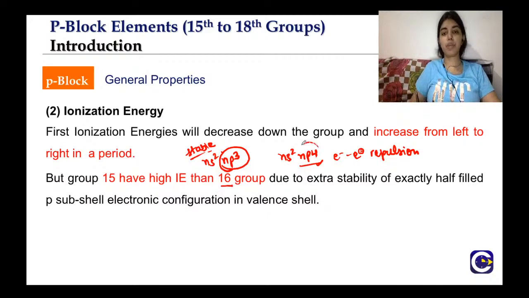But if you want to remove from np4, it will readily lose an electron to become np3, so that it gets the half filled configuration, which is more stable than np4, as electron repulsion decreases in the half filled configuration. Okay.